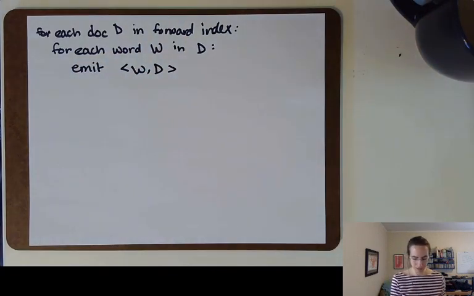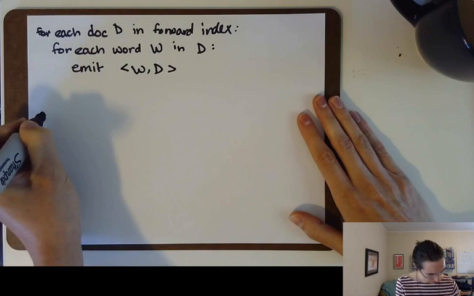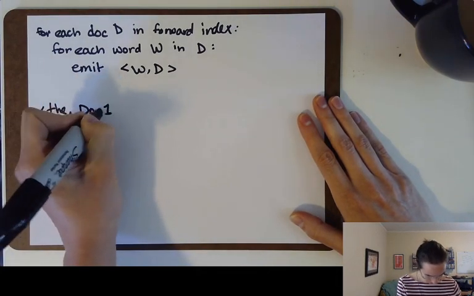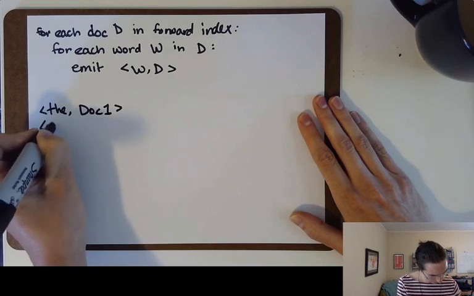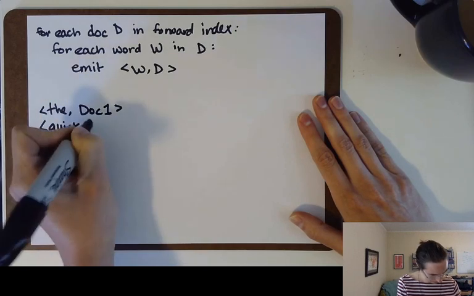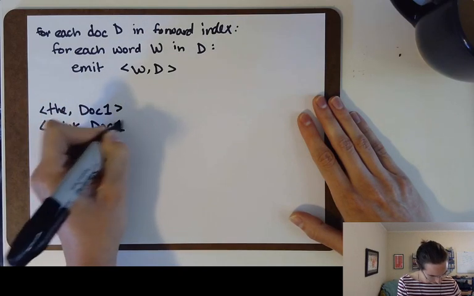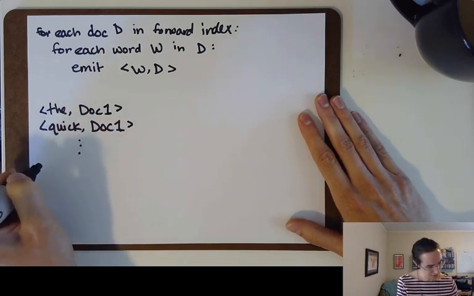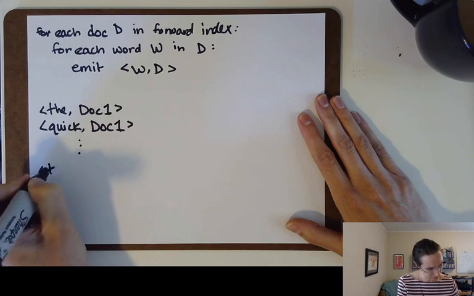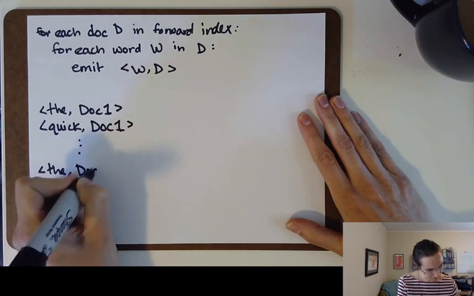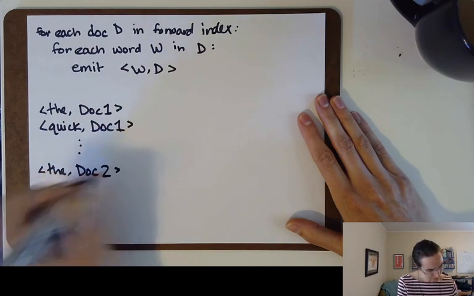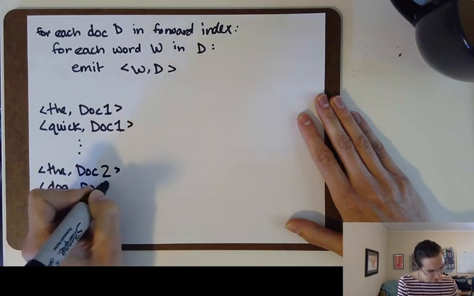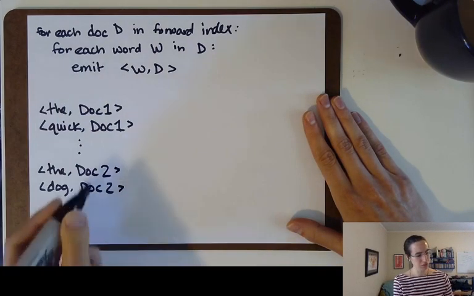So this would be something like the, doc1, quick, doc1, and so on. And then the ones from document 2, the, doc2, dog, and so on. So that would be the result of this.